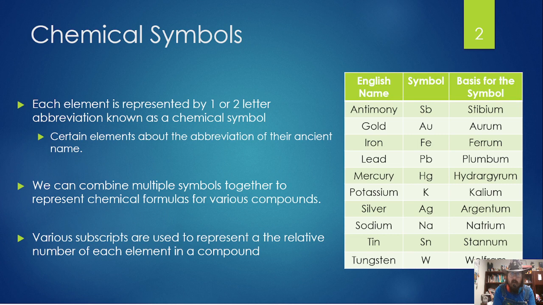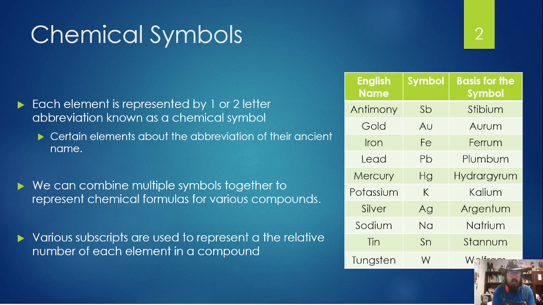But mercury was hydrargyrum, potassium, calcium, argentum, which you can still get like argentium silver, natrium, stannum, wolfram. So some of them are going to be obvious, some of them are not so much. But generally speaking, when we combine these multiple symbols together, it will represent a chemical formula for various compounds.